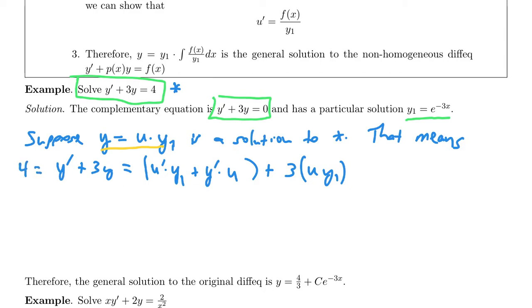So the original equation is telling me that y prime plus 3y is 4, and I know from substituting that y prime plus 3y is this stuff. So the main reason this works is because we can rearrange these terms a little bit, and so this is just rearranging the terms. I'm going to leave that u prime times y1 where it is, and then I'm going to group these other two terms because the other two terms have a u in it.